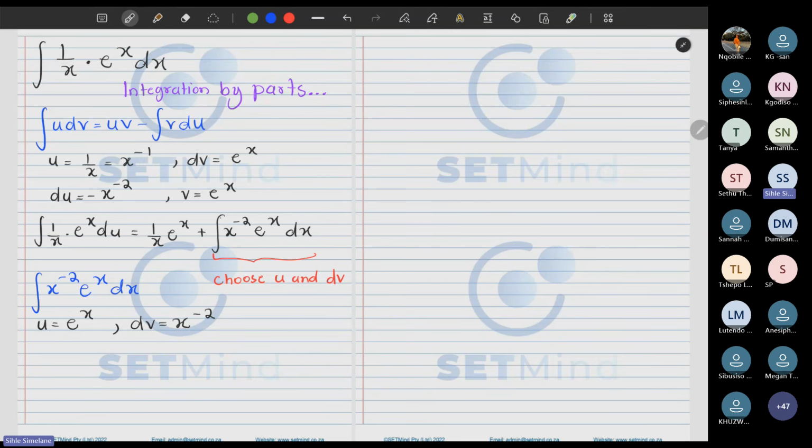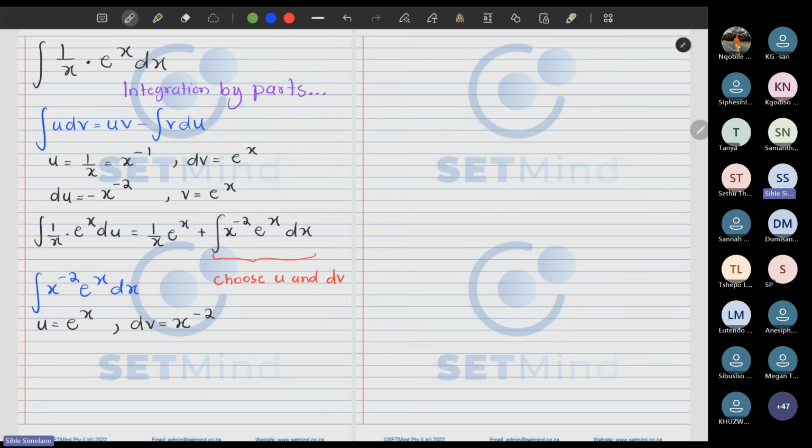What are you seeing which we are not seeing? And also when we choose u, we choose the one that is easier to differentiate.